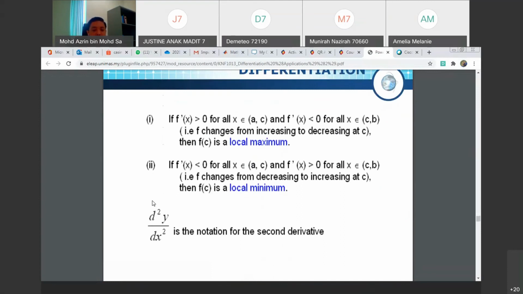So selalu kita guna untuk second derivative, d2y over dx squared, is actually the second derivative of the first function tu.